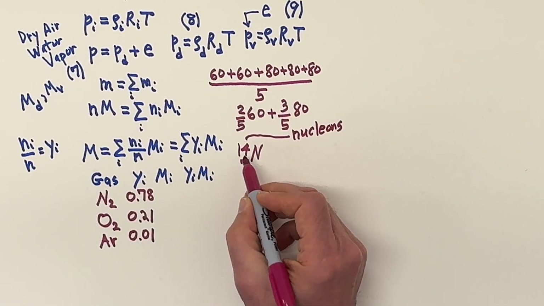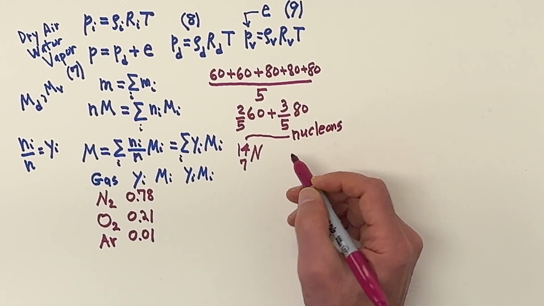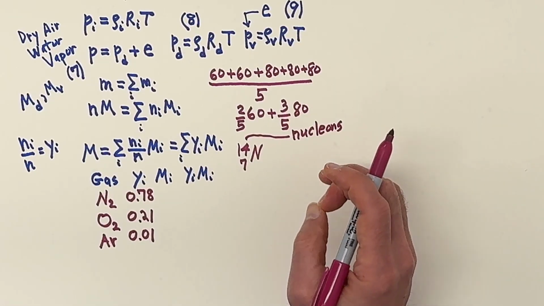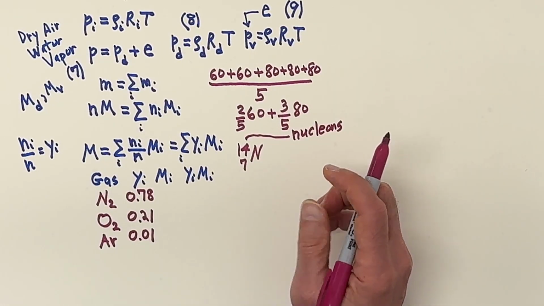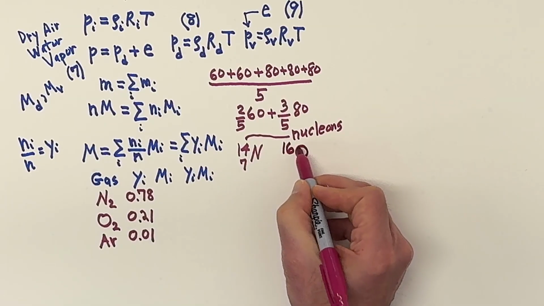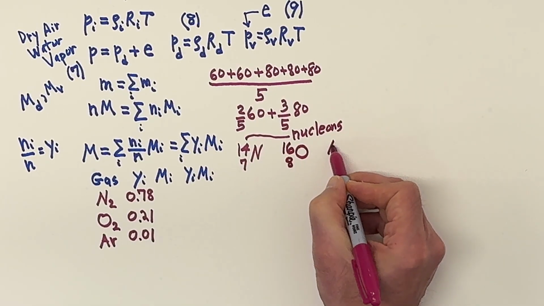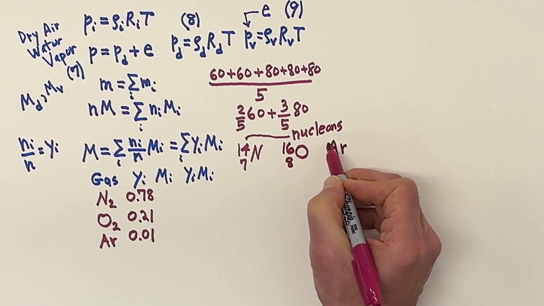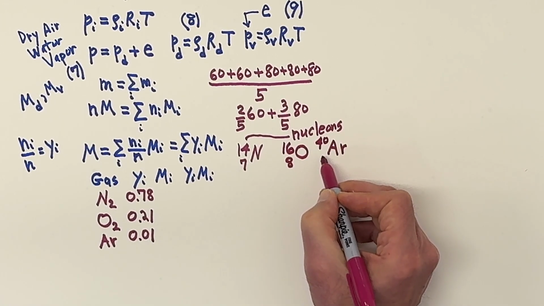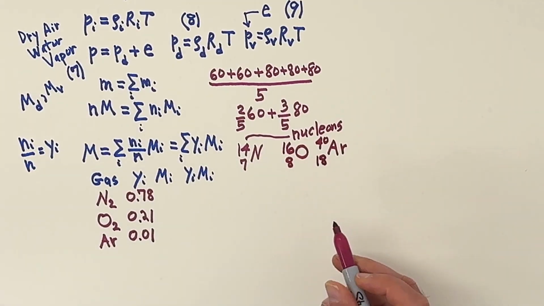And the key idea is that that 14 refers to how many grams you need to have 1 mole. So that's important to remember. Then for the oxygen, we have 16 nucleons and 8 are protons. And for the argon, we have 40 nucleons and 18 of those are protons.